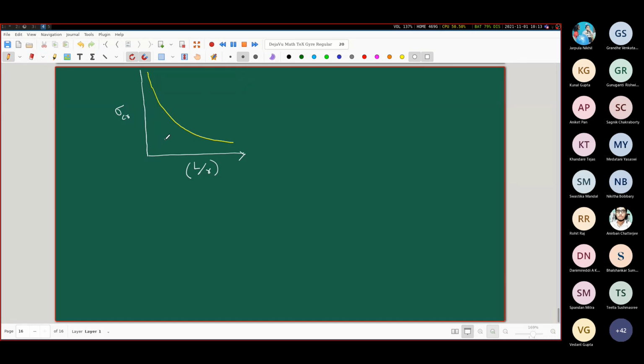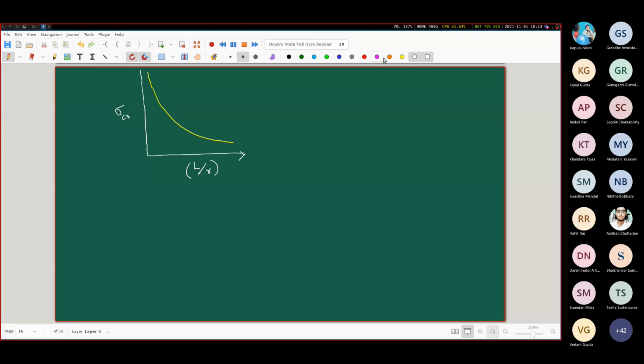So in this kind of situation, what is said is that we have these different values of the critical stresses corresponding to buckling. But when it is increasing like this, there may come a point where this sigma critical becomes equal to the yield stress of the material.